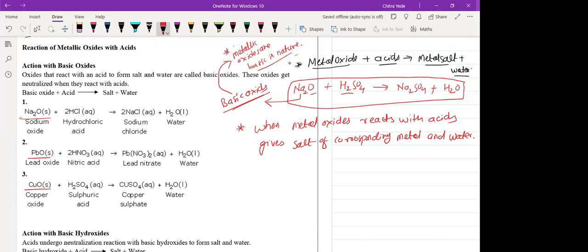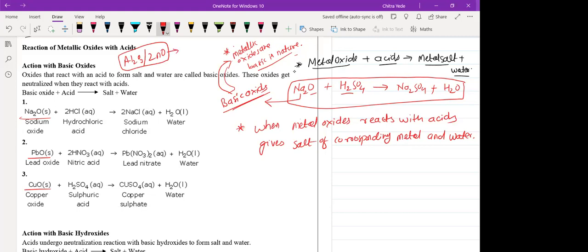Sir, does this hold for every metal oxide? Yes, for almost all metal oxides. But there are a few, like aluminum oxide, Al2O3, and zinc oxide, ZnO. They are between acidic and basic oxides, because they react with acid as well as base to form salt and water.